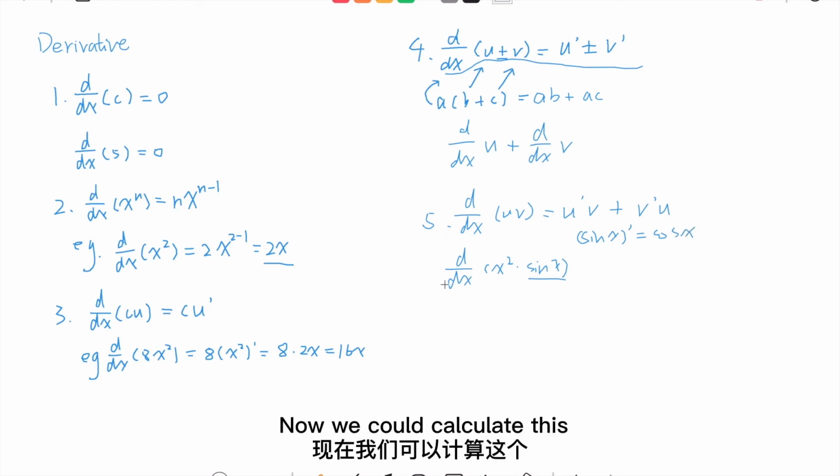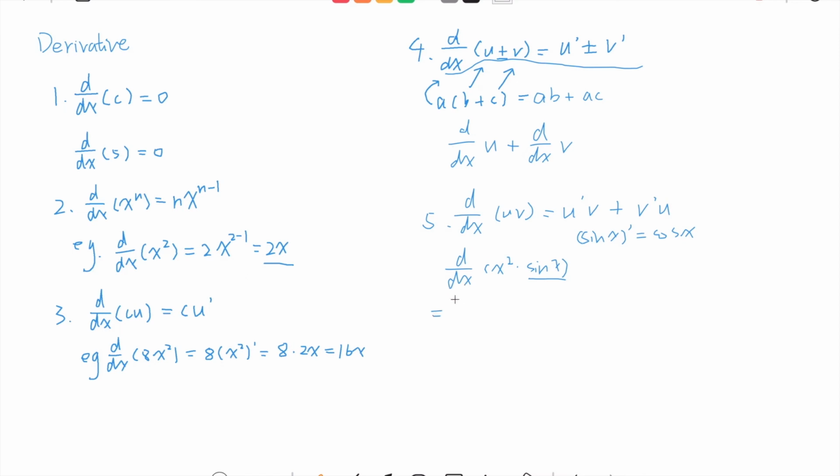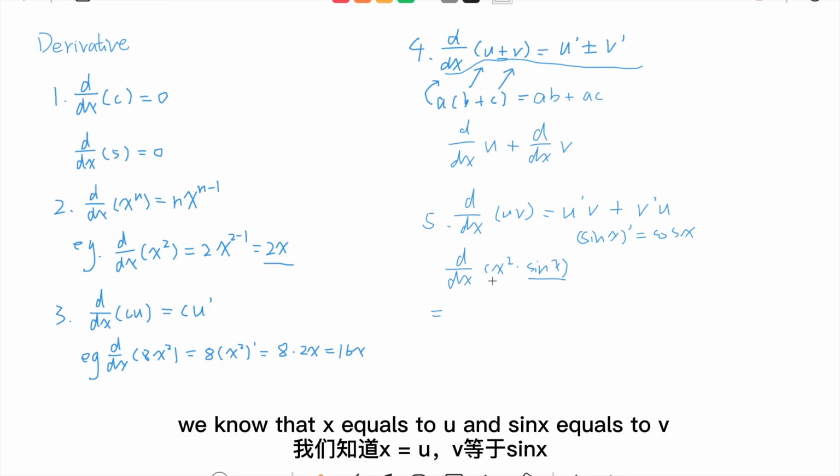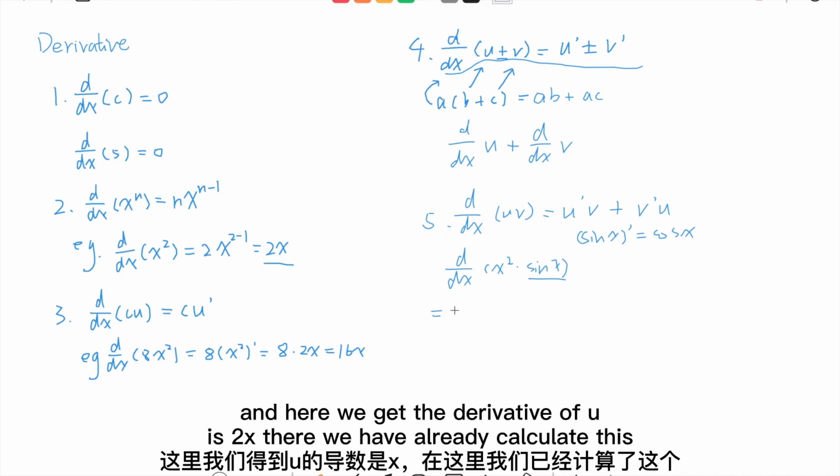Now we can calculate this. We know that x squared equals u and sine x equals v.